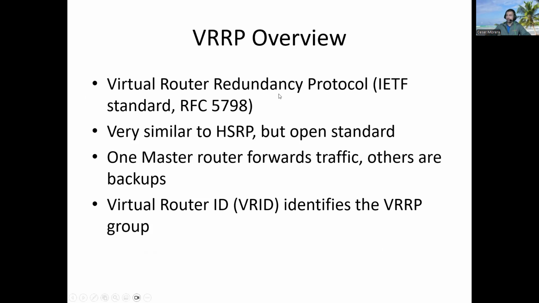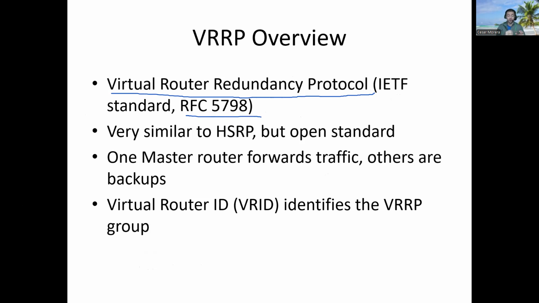Okay, now we have the overview of VRRP. Let's use a blue color for now. VRRP is the Virtual Router Redundancy Protocol. It is an IETF standard, RFC 5798, very similar to HSRP, but an open standard.